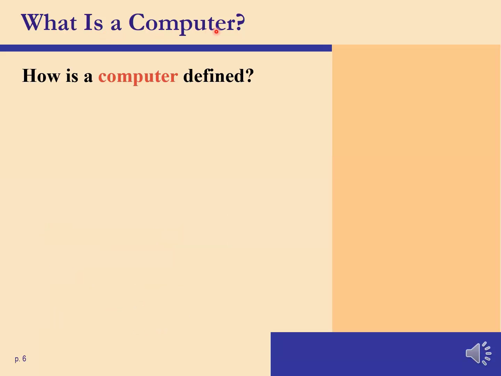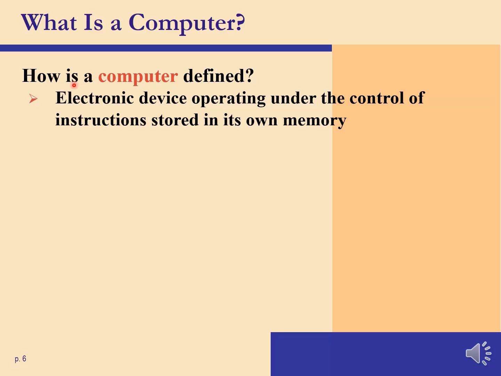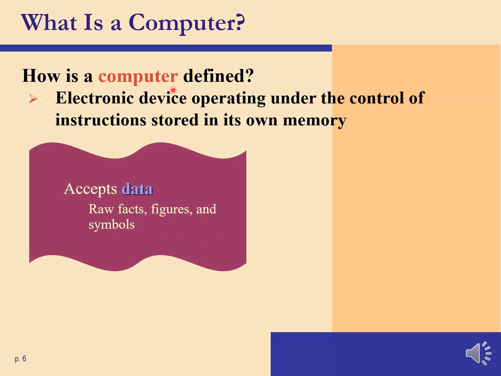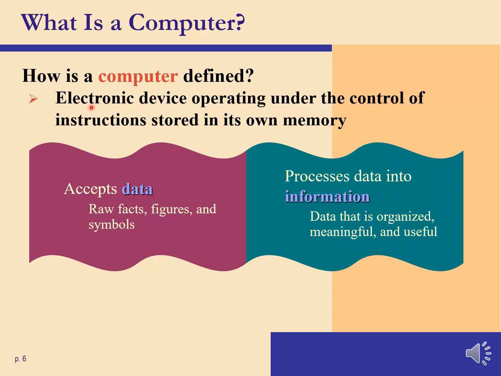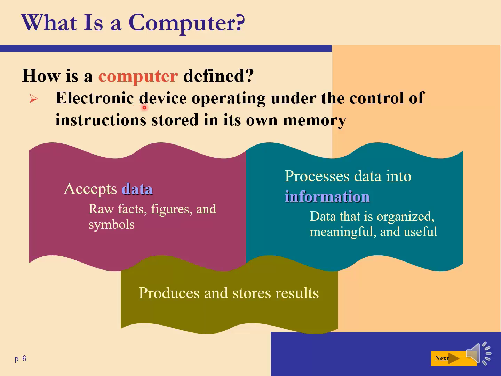What is a computer? How is a computer defined? A computer is an electronic device operating under control of instructions stored in its own memory.